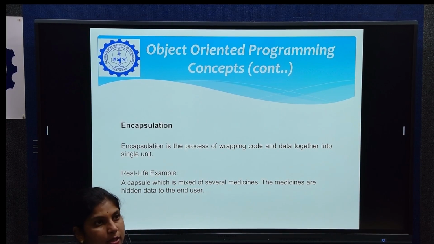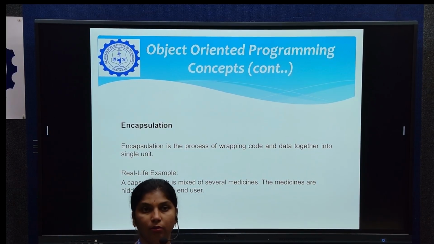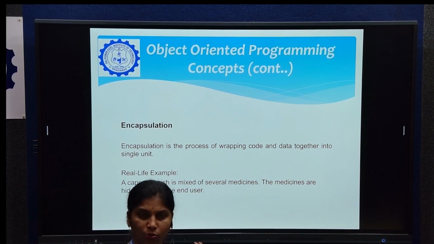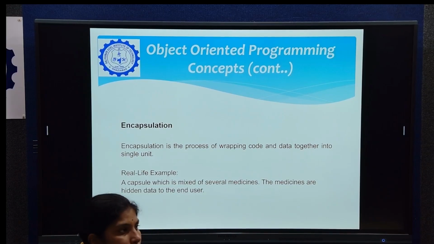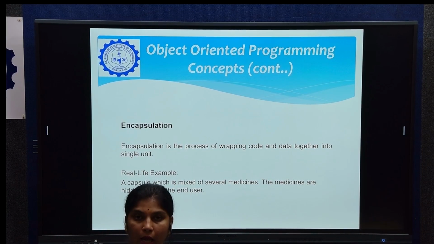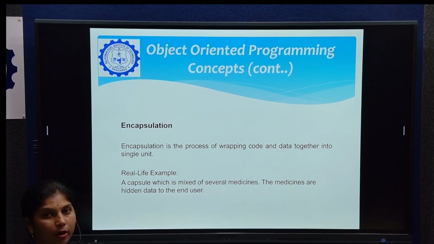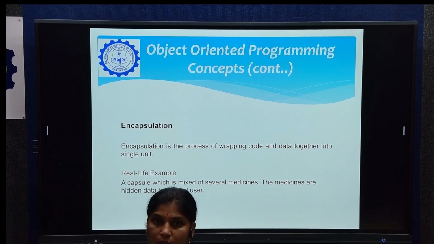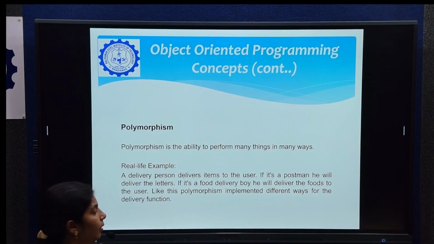In classes, we take data and their functions and combine both, data and functions, into a single unit and call it a class. This is how we implement encapsulation in OOPS.